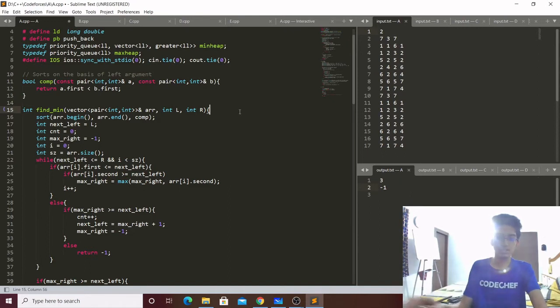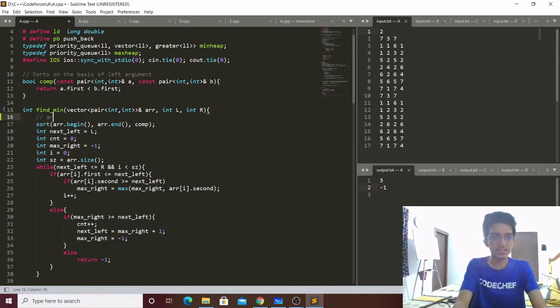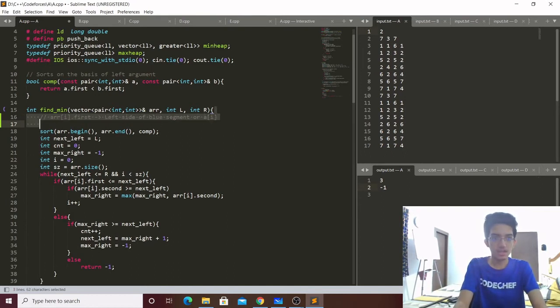That is array of i dot first, the left side of blue segment, or a of i, and array of i dot second, the right side of blue segment, or b of i.